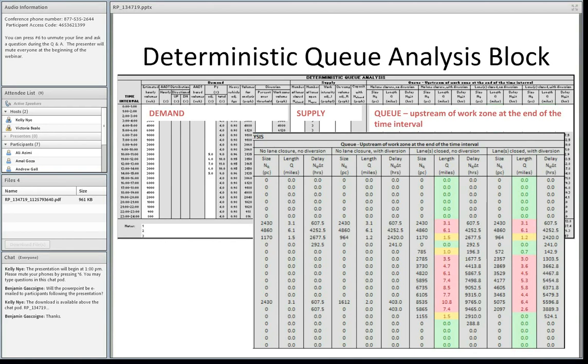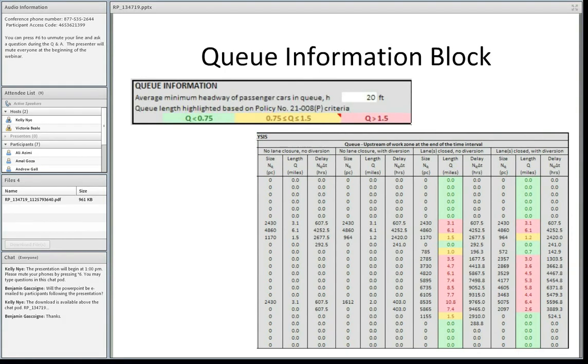You see some highlighting in a couple of those columns. What that highlighting is a reflection of the thresholds within the current policy for allowing or not allowing lane closures. So if the length of the queue is less than 0.75 miles, it would be an allowable lane closure.